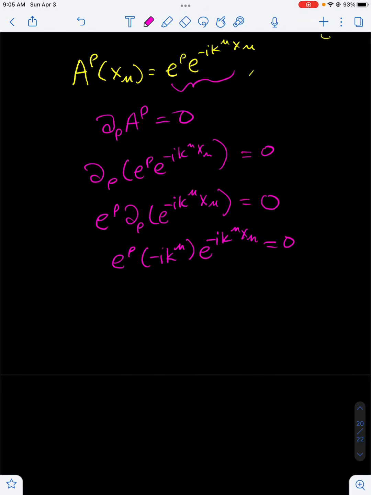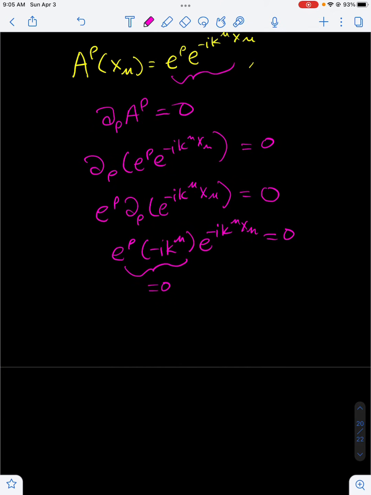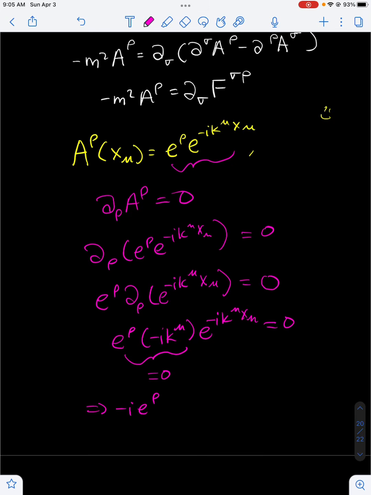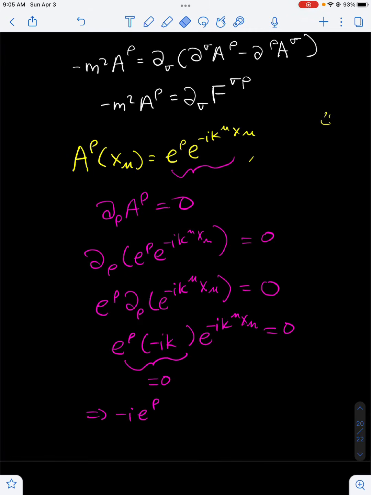So this means that this part has to be equal to 0, since we can't raise e to the anything and get 0. So this means that minus I e rho, oh, by the way, this has to be a k rho, because this is a partial rho, so these indices have to match, they have to agree.